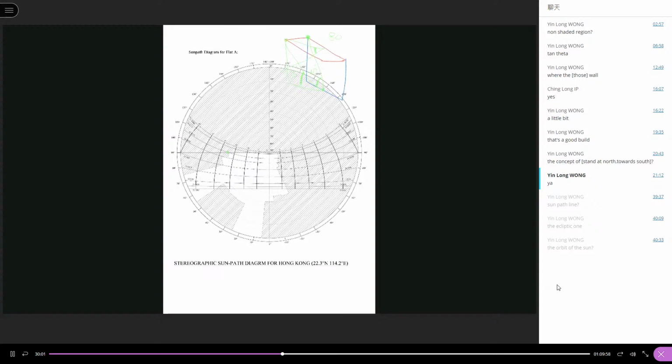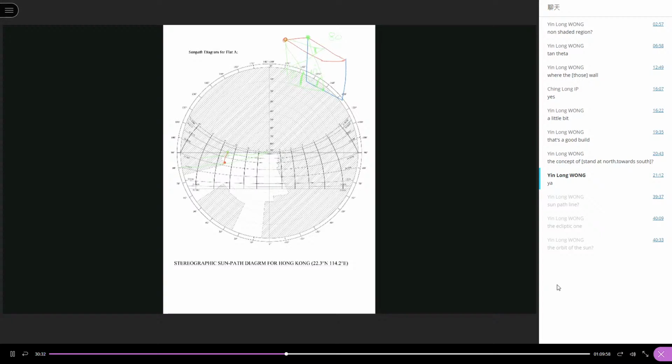So 80, then draw a line. So this is for 80, and with an altitude angle of 35, this point will be somewhere here. So we have this point and this point, and we join these two lines.